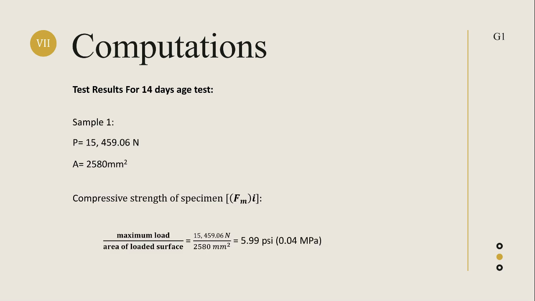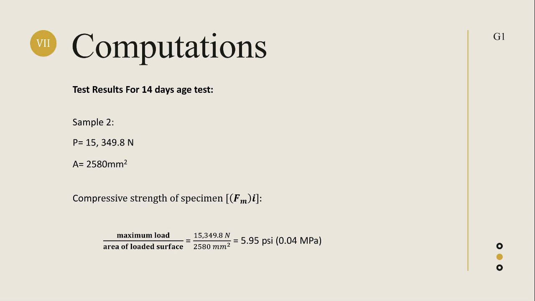The second one is for the test results for the 14 days age test. For sample 1, 15,459.06 newtons over 2,580 square millimeter, we get a value of 5.99 psi.